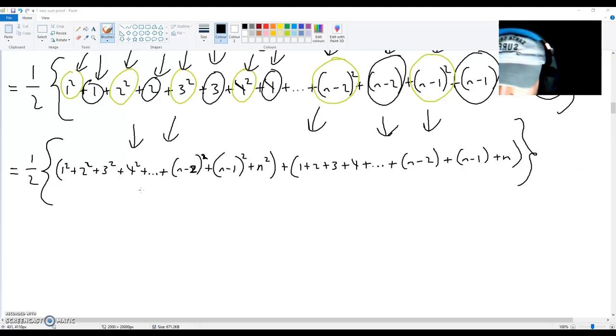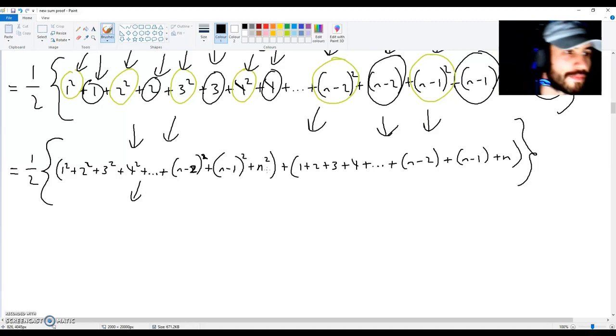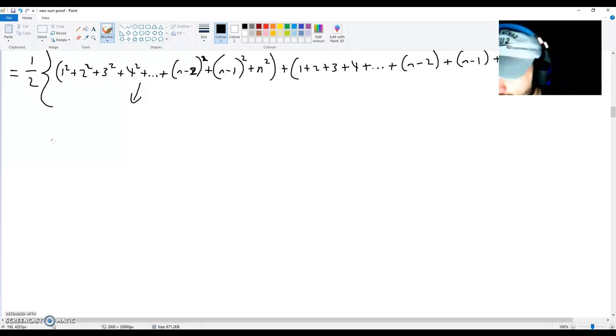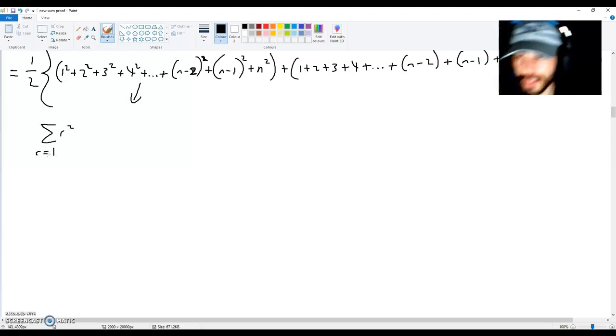Now this over here is actually crucial. This can be described using sigma, r squared next to it, r equals 1, because if we expand it, we'd be starting at 1.